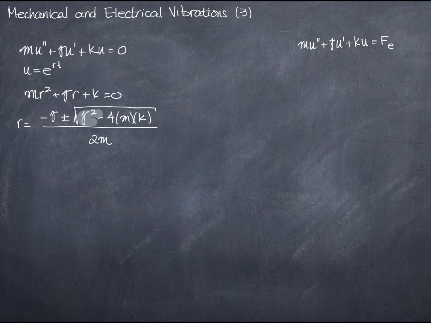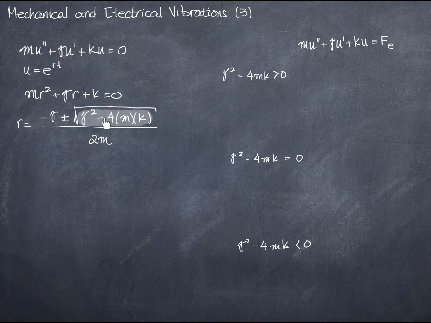Now remember that the discriminant here can either be positive, negative, or 0. So we're going to have three cases: if gamma squared minus 4mk is positive, if gamma squared minus 4mk is 0, and if gamma squared minus 4mk is negative.